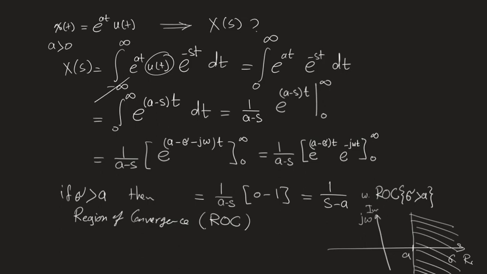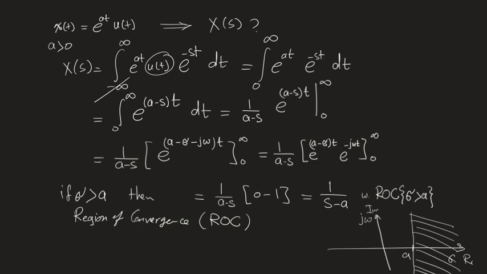A Laplace transform is not complete by only giving the expression. You have to give the expression and the region of convergence. In fact, for the same expression, like 1 over s minus a, if you have a different region of convergence, the original time domain signal is different. I will show you a quick example.